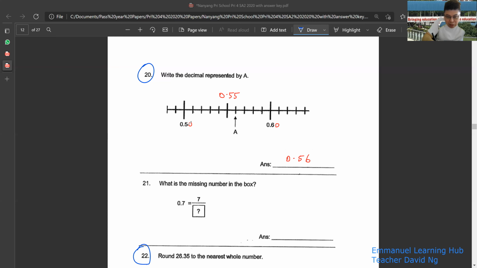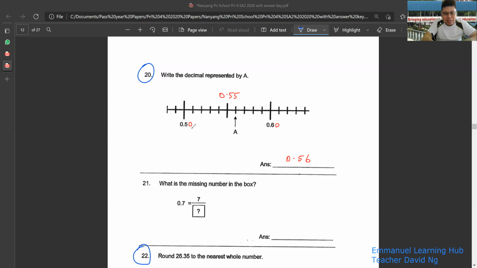You notice the examiner purposely leaves out a 0 here, so that you can't see you can put 2 decimal places. Do you notice the question? They purposely leave out this 0, then you cannot see it's 2 decimal places.